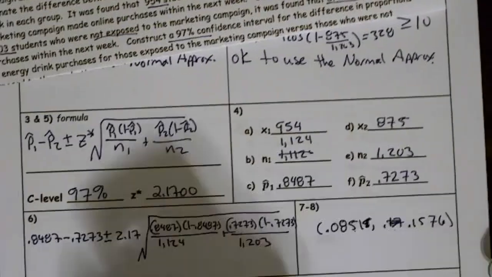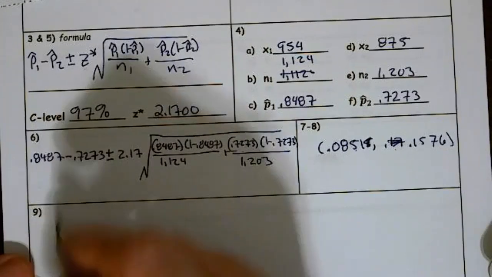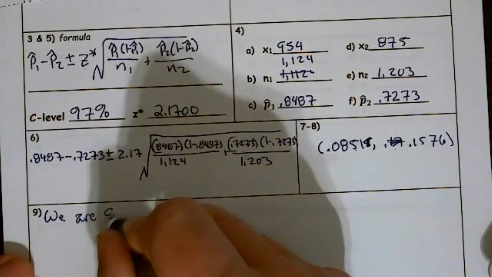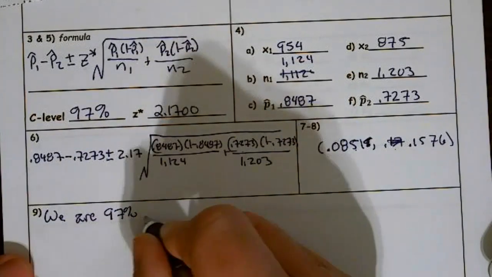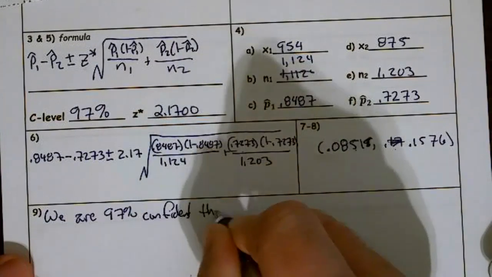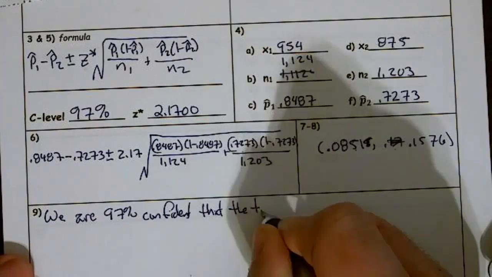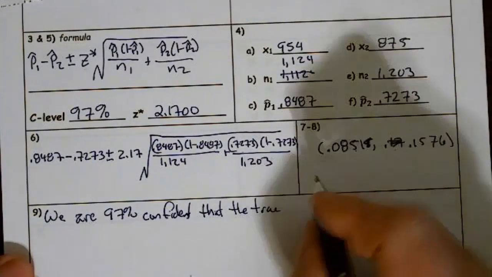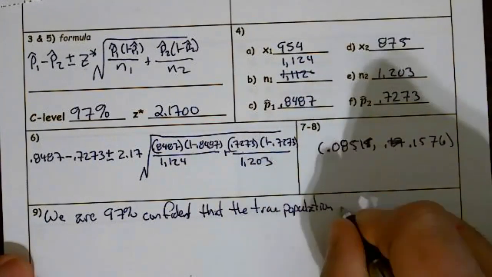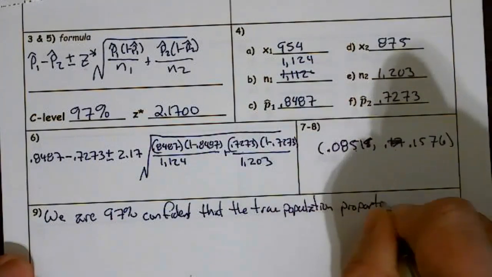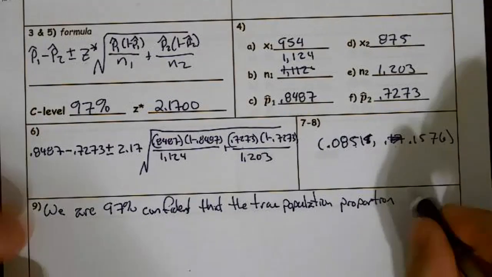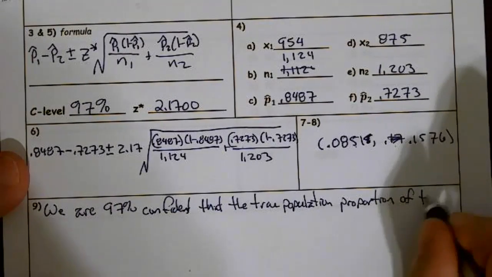All right. So what are we? We are 97% confident that the true population proportion of what?